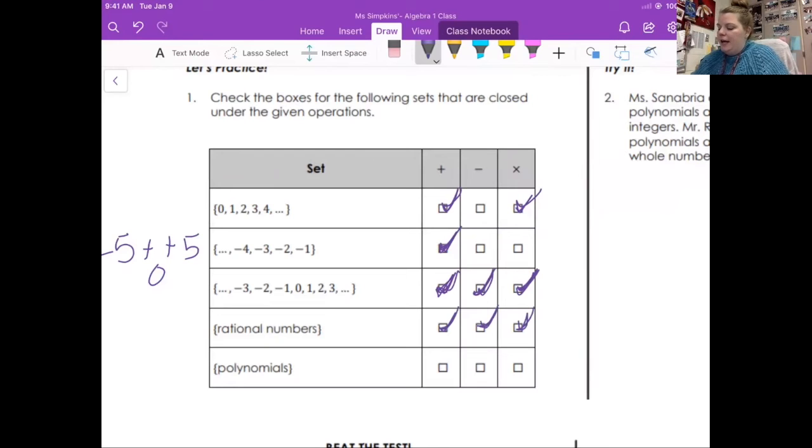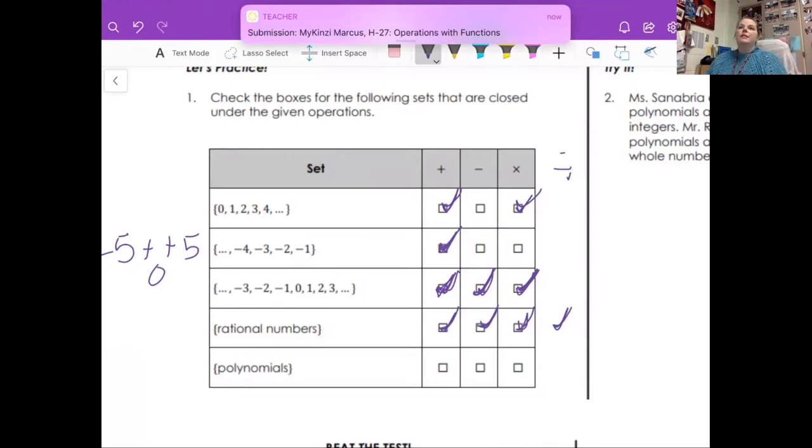I'm actually going to add a column for division. Rational numbers are the only ones that are also closed under division. And then the last one, polynomials. That is things that include variables, exponents, coefficients, constants.